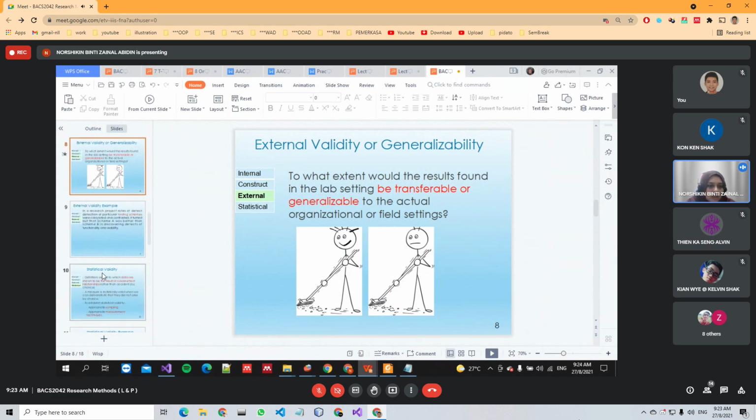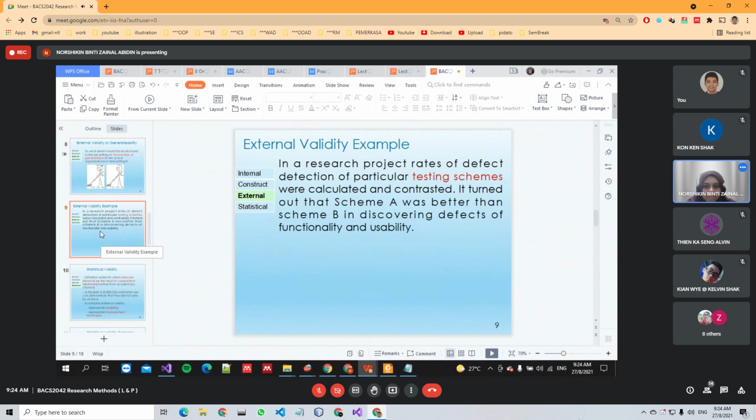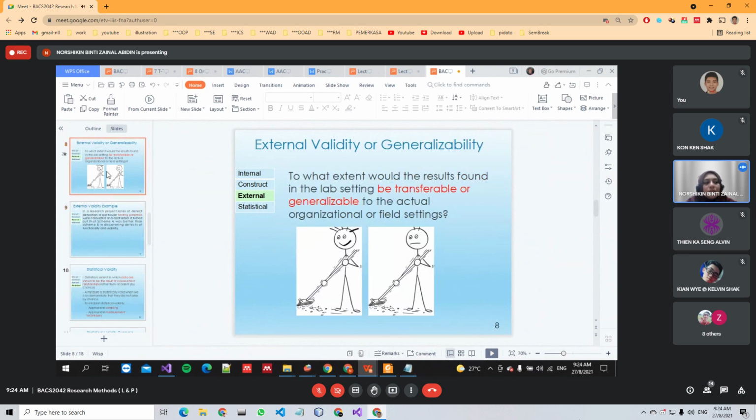For example, just now, we changed the subject into a different environment. So here, to what extent would the result found in the lab setting be transferable or generalizable to the actual organizational or field setting?